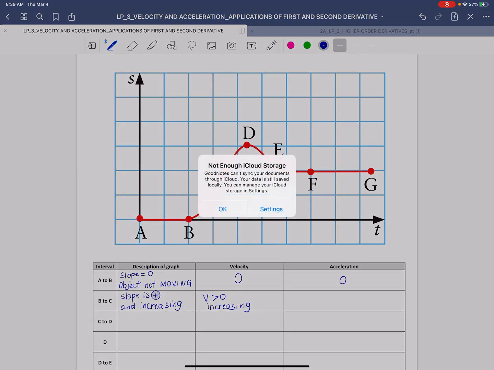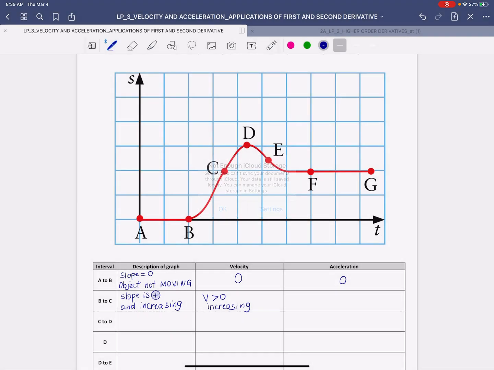So if velocity is increasing, that means that the rate of change of velocity is positive, or in other words, acceleration is positive. So I'll write down here, because velocity is increasing.